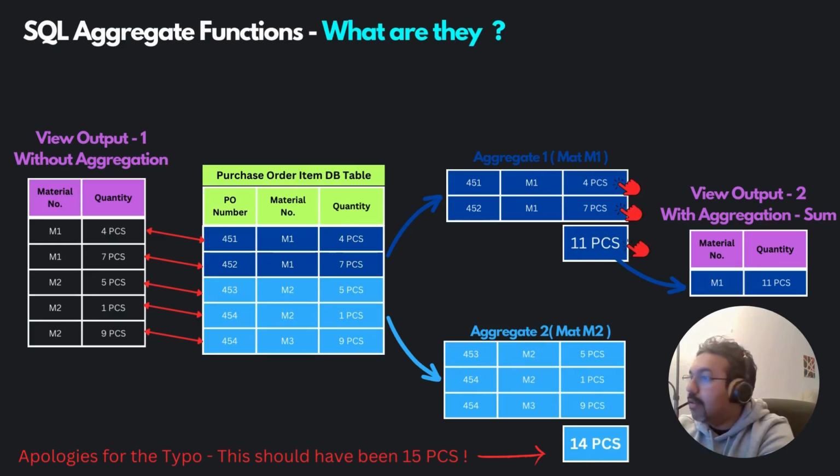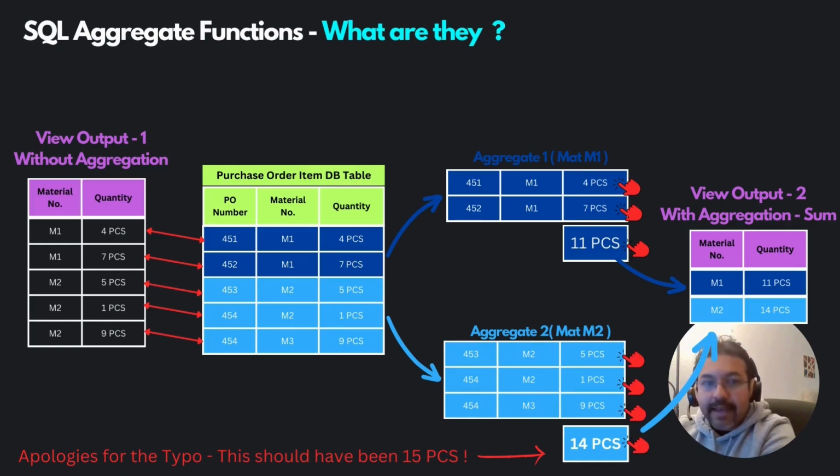And for the other material, M2, again, I don't want to see 3 records in the output. I just want to see one record in the output for the material M2. And under the quantity column, I want to see the consolidated value or the aggregated value of 14 pieces, because that's the total of the ordered quantity for this material across all purchase orders, right?